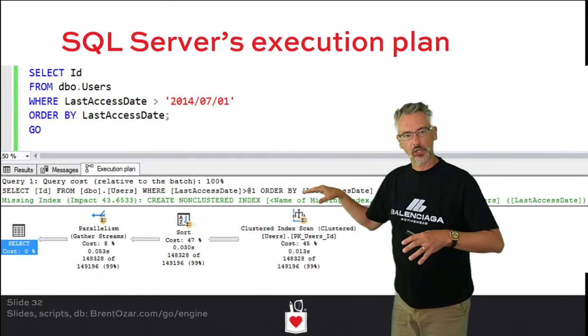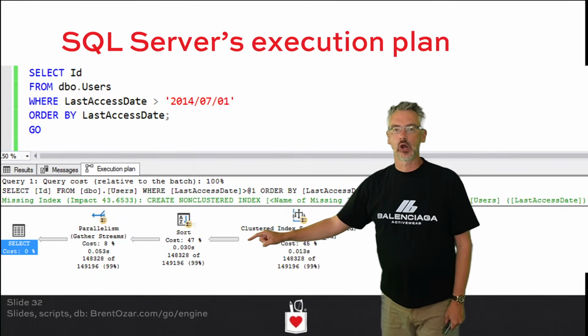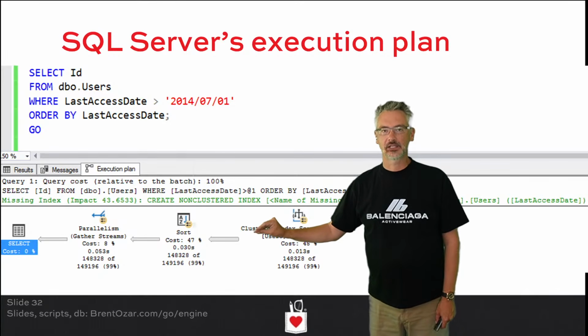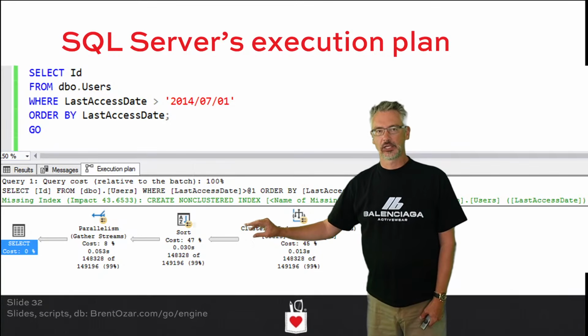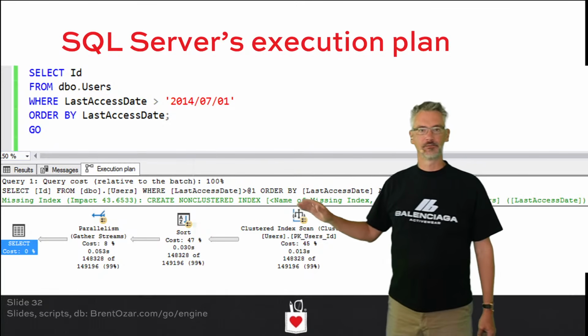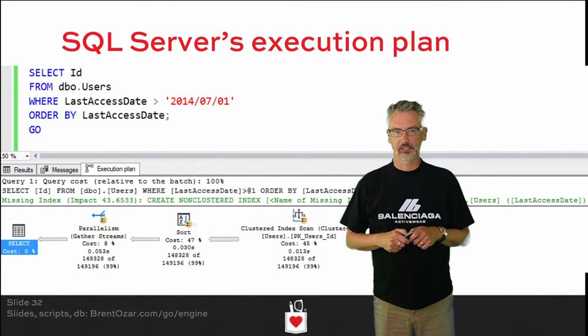The first thing we're going to do is scan the clustered index. And you think of that little arrow as like a yelled list of IDs and last access dates. 14 on July the 1st, 17 on July 21st. It's just going to be yelling out IDs and last access dates as fast as it can scan through this table. Then it's going to turn around and sort that data.